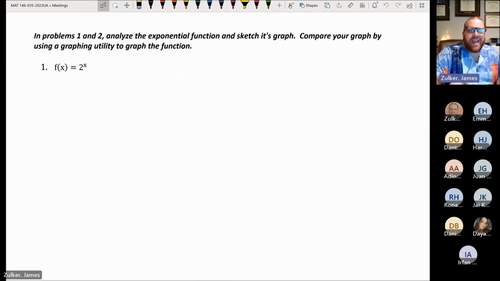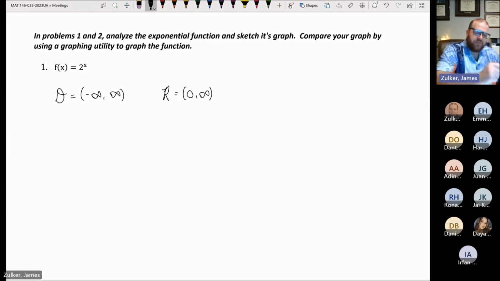Okay, so we will go ahead and analyze the exponential function, sketch its graph, and then we will look at the actual graph as provided by a graphing utility. And again, domain, all real numbers. Range will be positive real numbers.